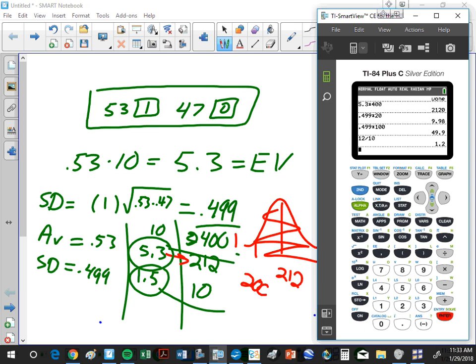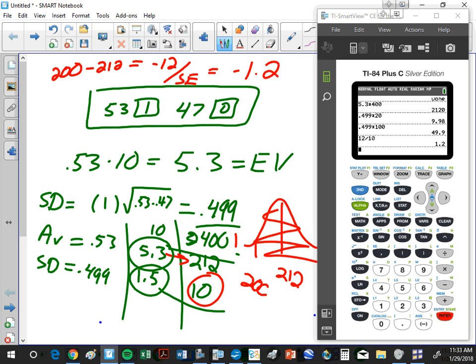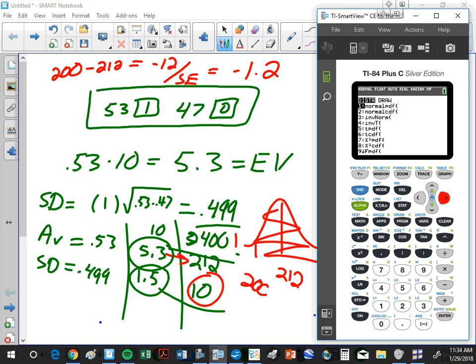Because I'm on the left. 200 minus 212 is negative 12. Divide by the SE, which is 10, or 0.98, and that gives me negative 1.2. That's the z-score. So I want the area from negative 1.2 up to 5.